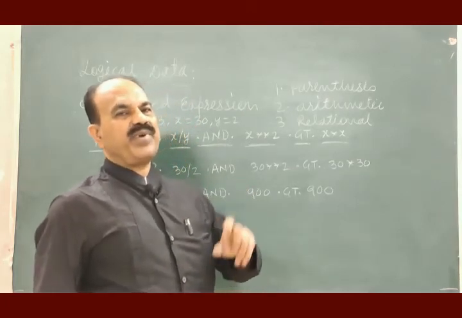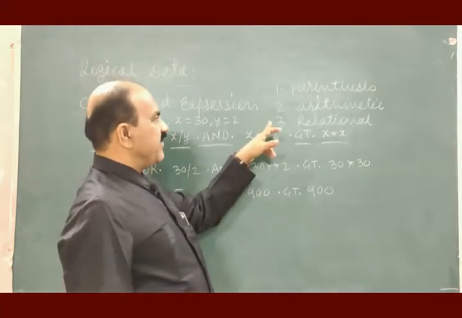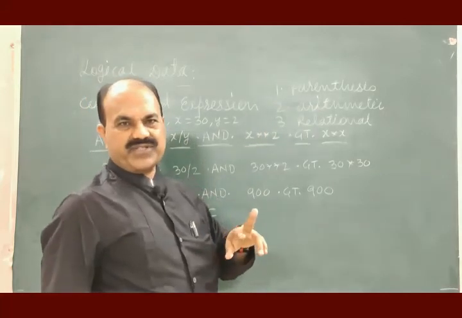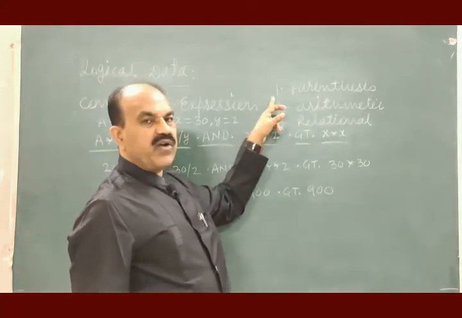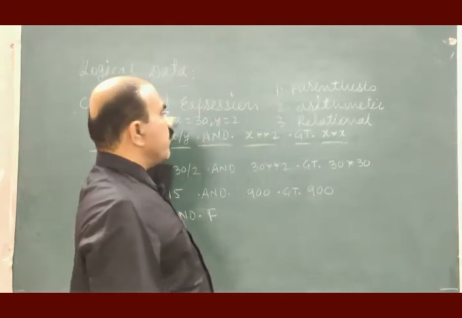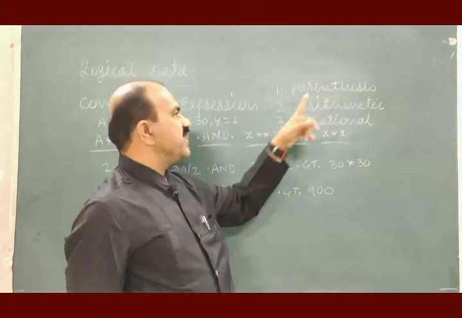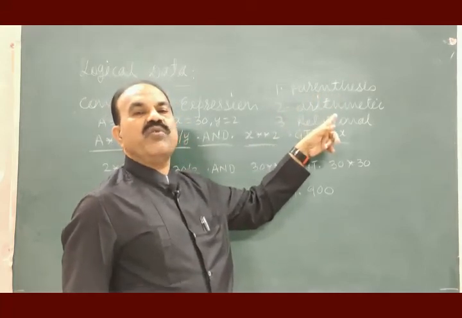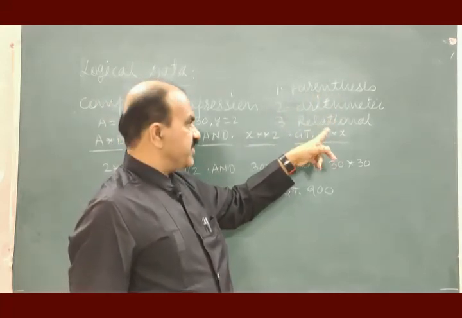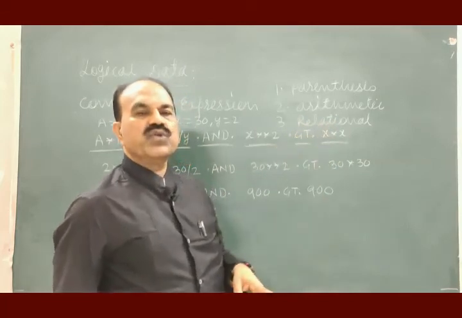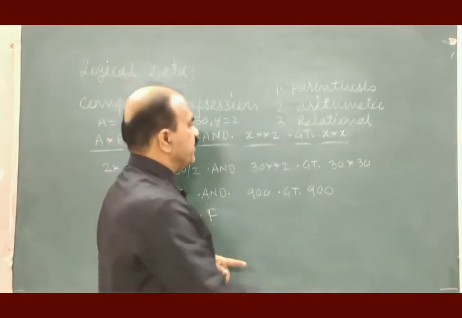So, relational operations are to be solved after solving arithmetic expressions. First priority according to the precedence rule for compound expressions is given to solving of parentheses. Second priority to solving of arithmetic expressions. Third priority to solving of relational expressions.